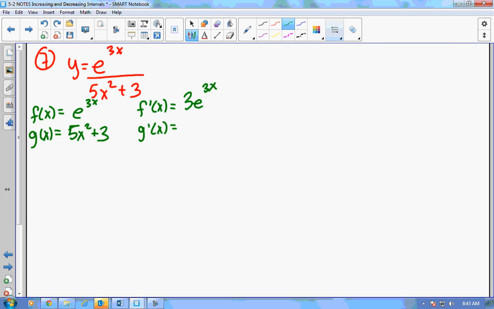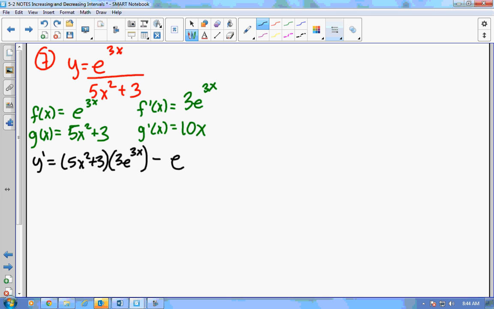Okay, what's the derivative of g of x? G prime. Yep. Okay, so we do quotient rule. Y prime, you have to be saying y prime or dy dx, equals low d high, what comes next?